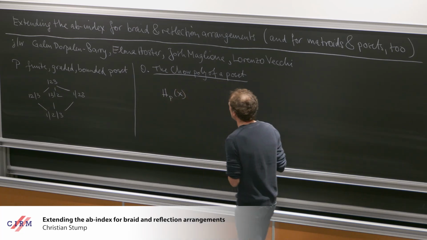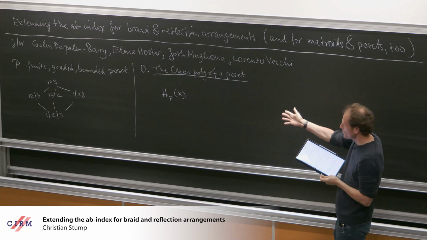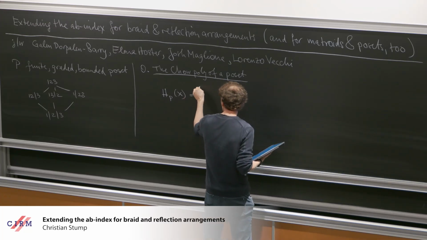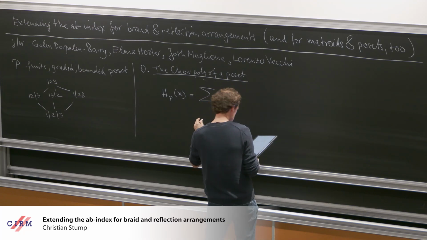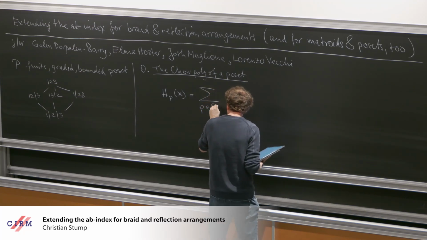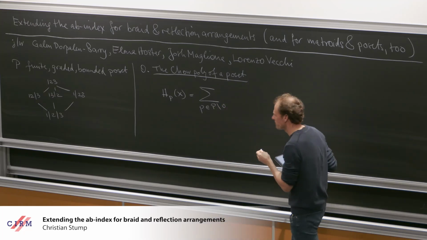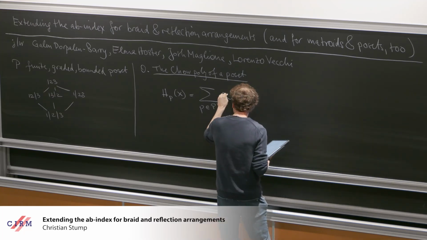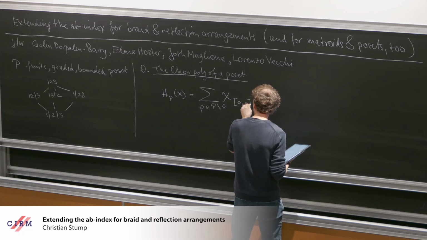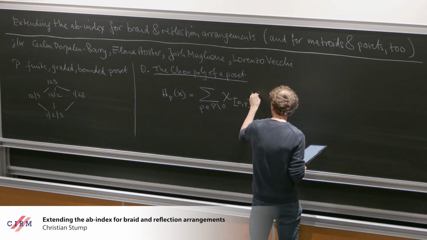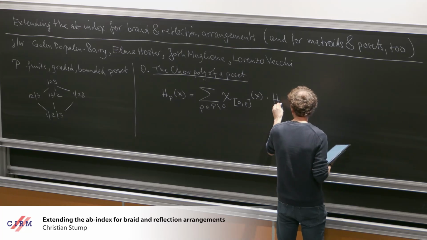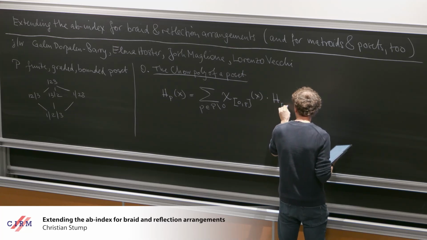The Chow polynomial of such a poset is a polynomial in one variable x, and we define it recursively: we sum over all elements in the poset which are not the bottom element, and take the characteristic polynomial of the interval between bottom and my element in the variable x, and then take the Chow polynomial of the upper interval.